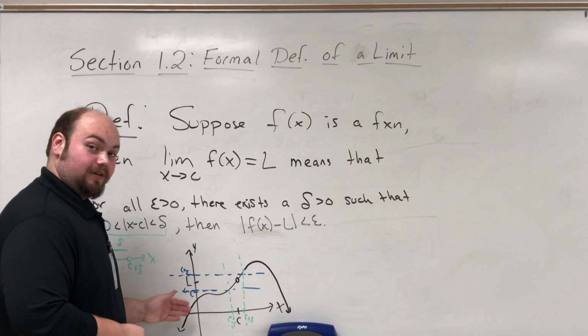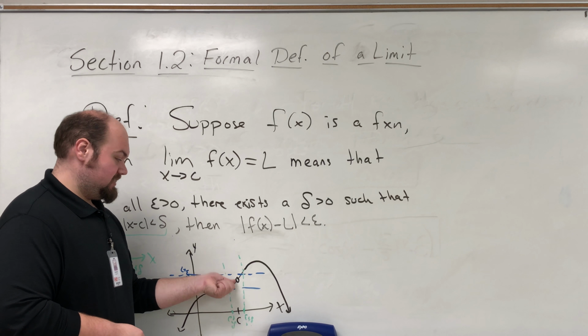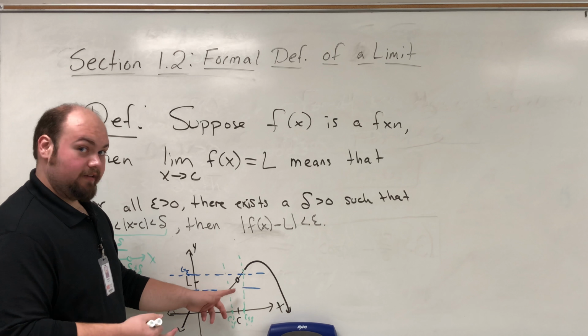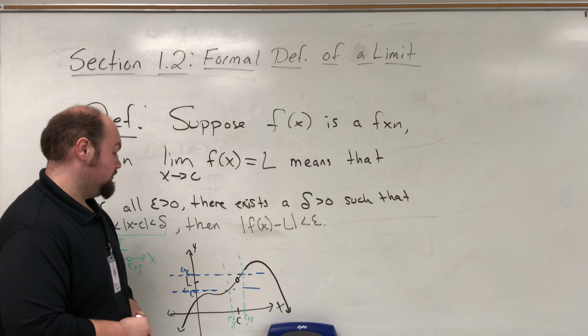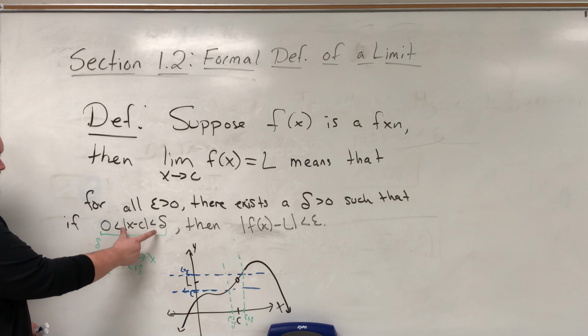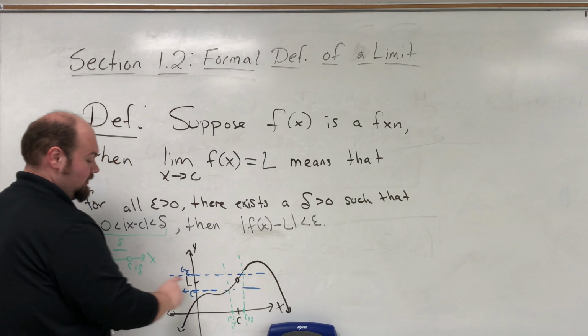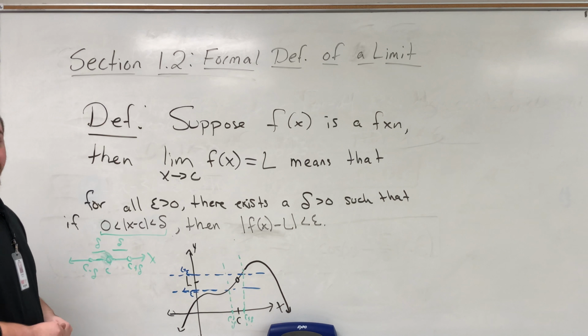So I don't want to restrict the range of the function, only the domain, where the particular discontinuity, that's a word we'll learn a little later, is coming into play. So again, I have to puncture out the interval around c, but I don't have to puncture out the interval around the limit value. So this is the formal definition of a limit.